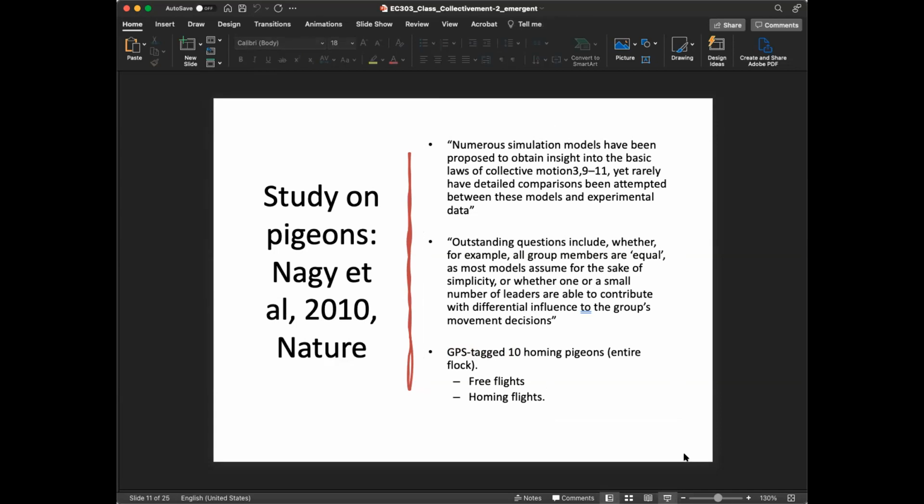When they do, they have the entire trajectory at fairly high resolution. I don't remember the exact resolution, but I think it's once in a few seconds or even shorter than that. So you have the XYZ coordinates of individuals over the entire flights.